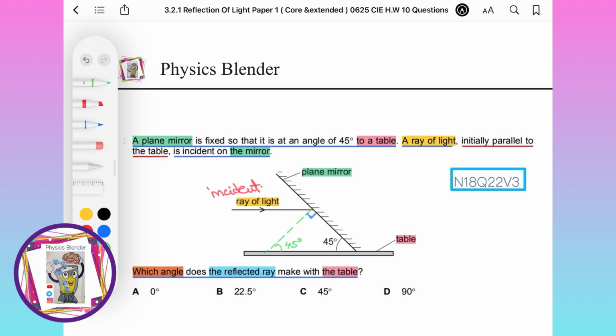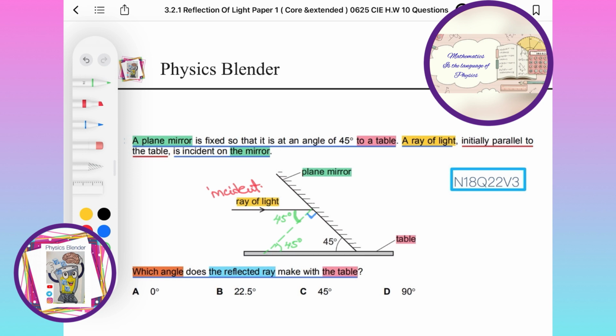The interior angles of the triangle is 180. So what about the angle of incidence here? The angle of incidence here is 45, alternate angles, so you can apply the law of reflection, so the ray will be reflected by the same angle of incidence, also 45.